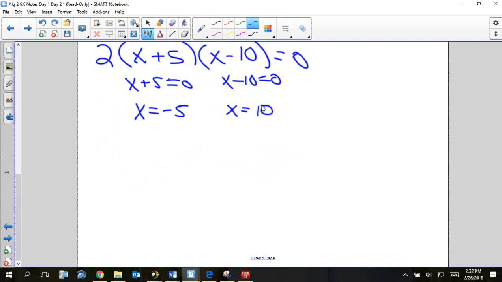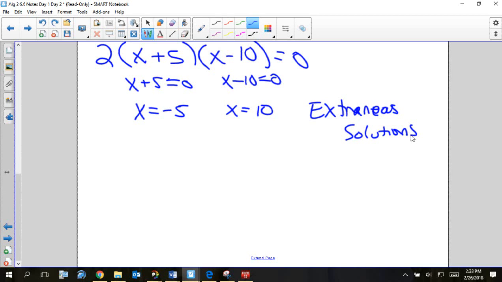Now, do you remember the term extraneous solutions? It's like extra solutions. How do we know if we have an extraneous solution?